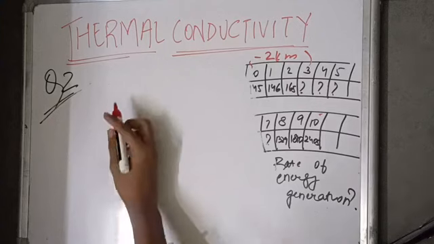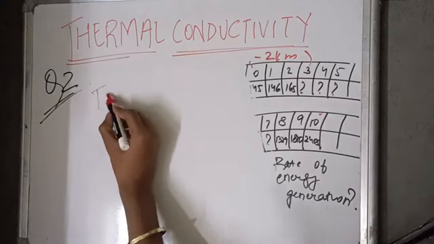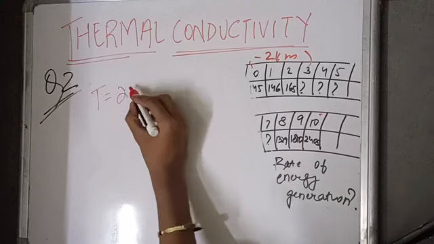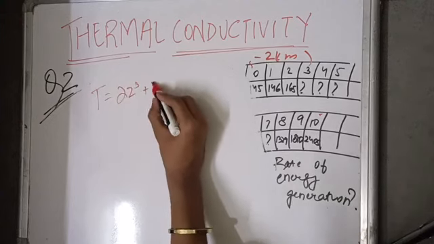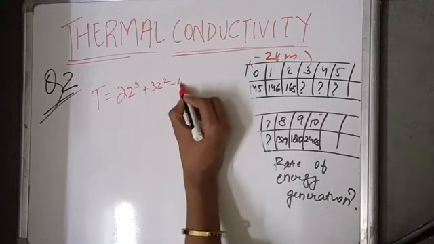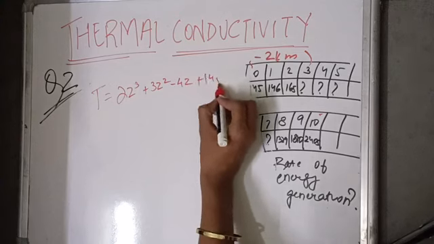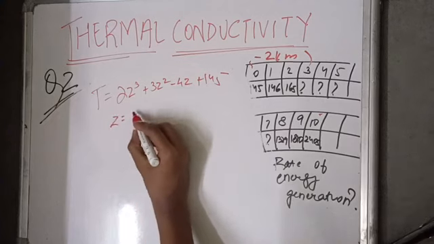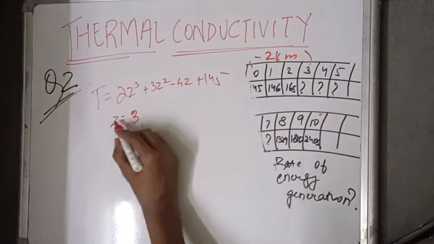Putting all the values in the main equation, we got T equals 2z cubed plus 3z square minus 4z plus 145. From here we will get to know the value at z equals 3.